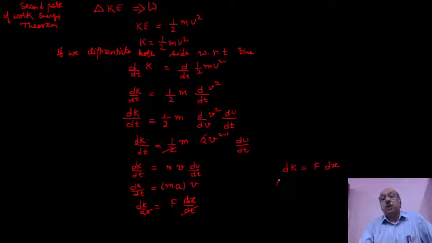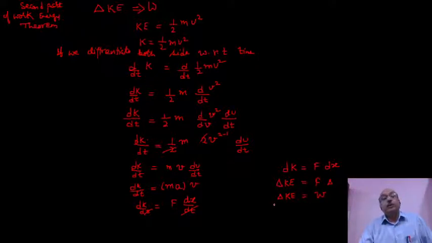dK is the change in kinetic energy and dx is the displacement from x1 to x2, and we write this as s, that is displacement. So change in kinetic energy is equal to force into displacement, which is work.